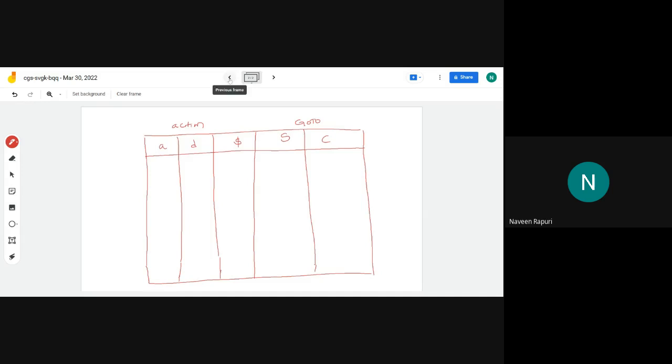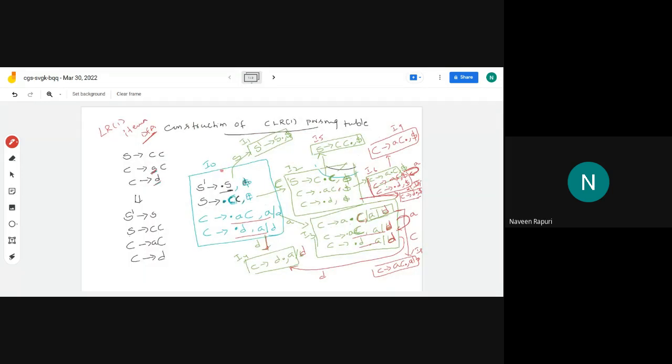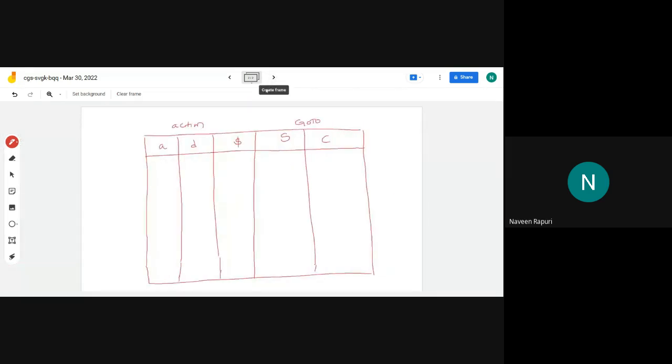Now, how many items are there, sir? 0, 1, 2, 3, 4, 5, 6, 7, 8, 9. So totally 10 states are there, not 9 states, because we started at I0.